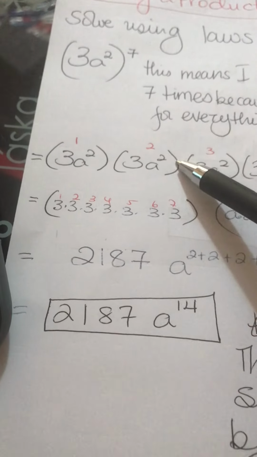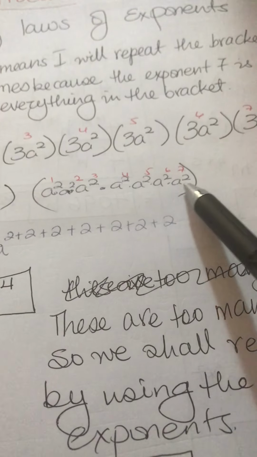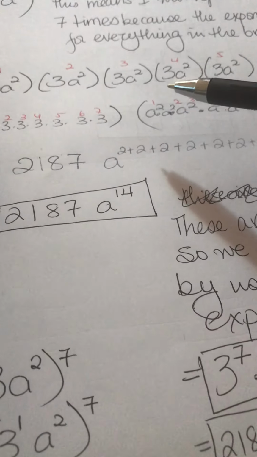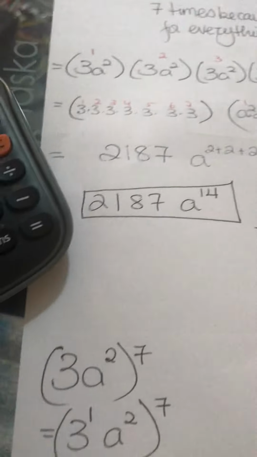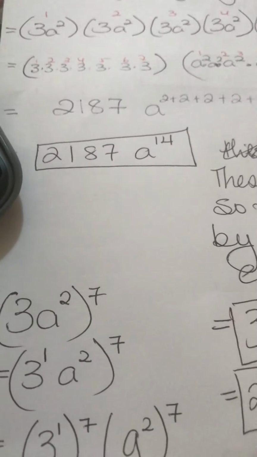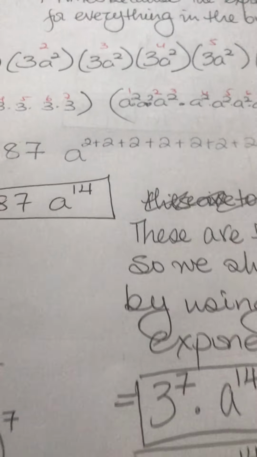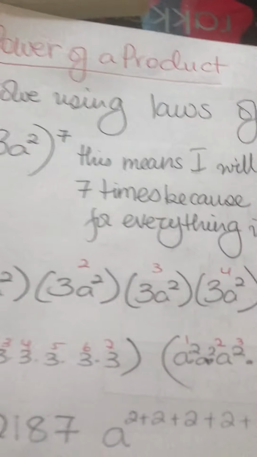And then I remove all the 3's, I multiply them. Then I remove all the a's and then I multiply them. We don't have that time, because we may make a mistake. And in math, we've agreed we must work efficiently, carefully. We must not do a lot of work.